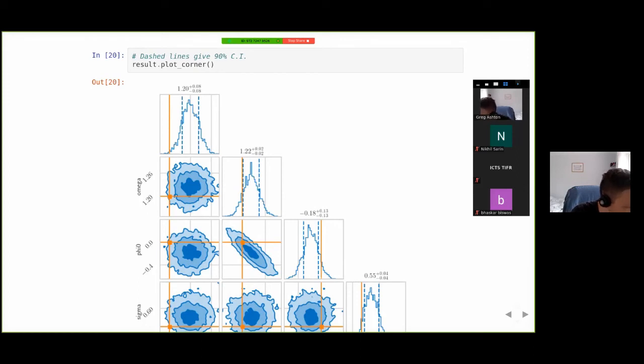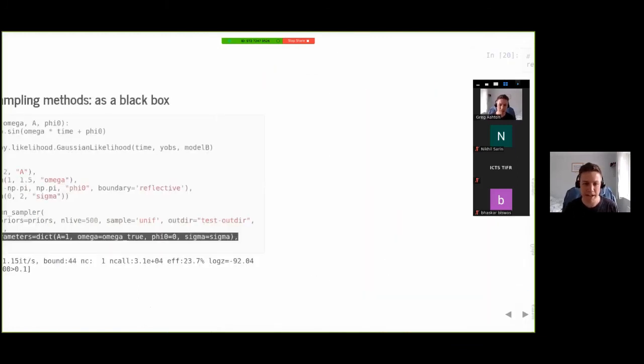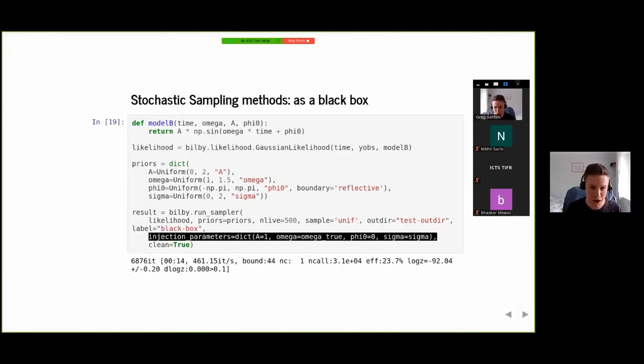Is it normal practice to set the prior as a uniform distribution for all the parameters? It's something a lot of people do, but you should really choose your prior based on your astrophysical or physical understanding of those parameters. For something like this, the angular frequency, I chose a range between 1 and 1.5.